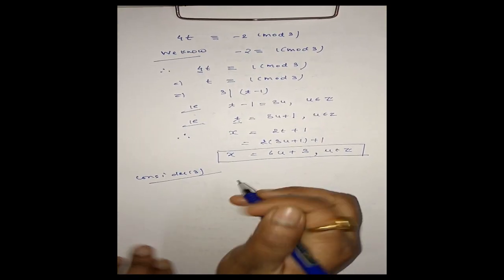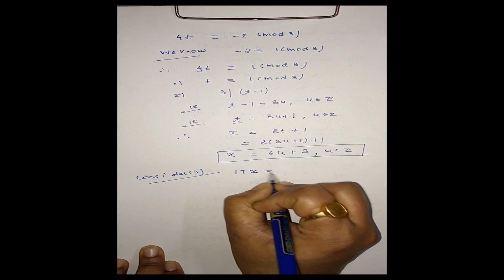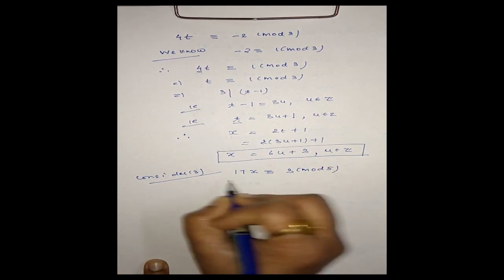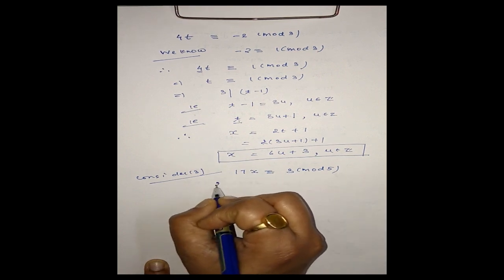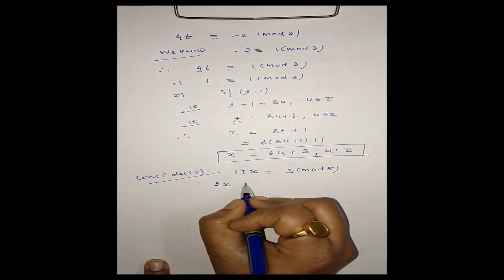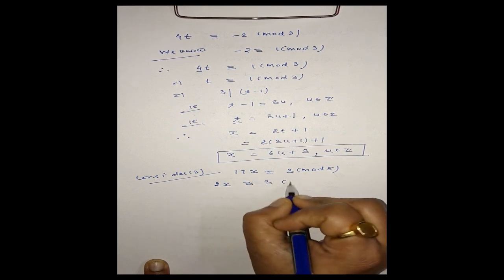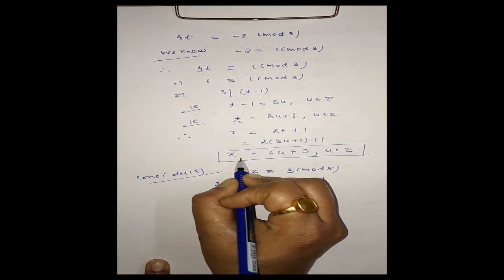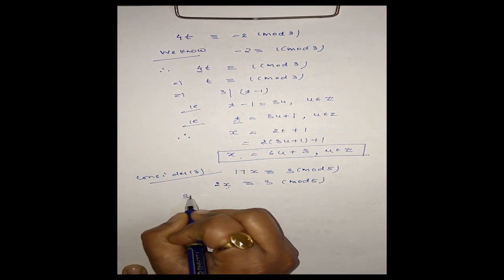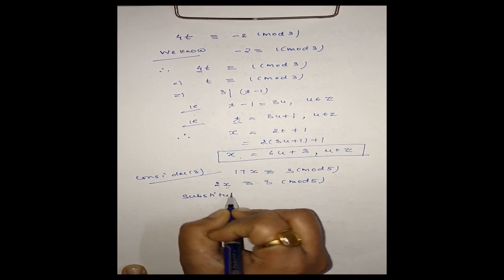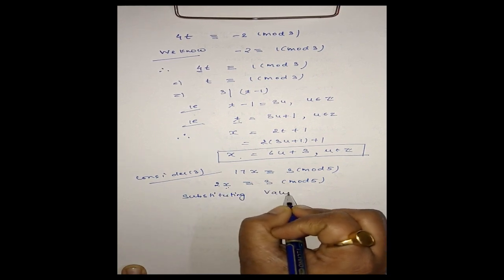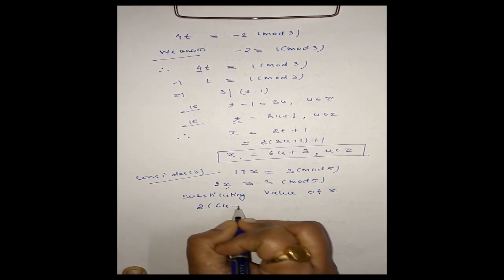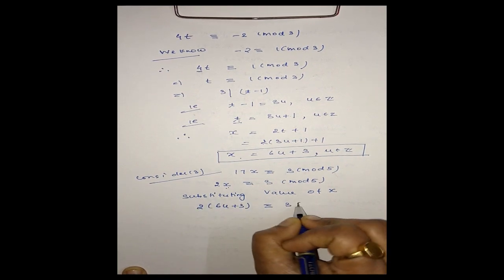Now we have 17x is congruent to 3 modulo 5. On dividing 17 by 5, the remainder is 2, since 5 3s are 15. So 2x is congruent to 3 modulo 5. Substituting the value of x, we have 2 into 6u plus 3 is congruent to 3 modulo 5.